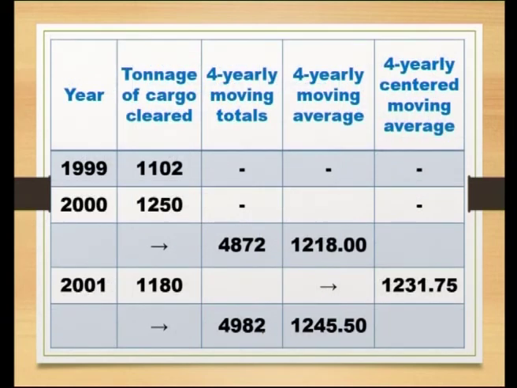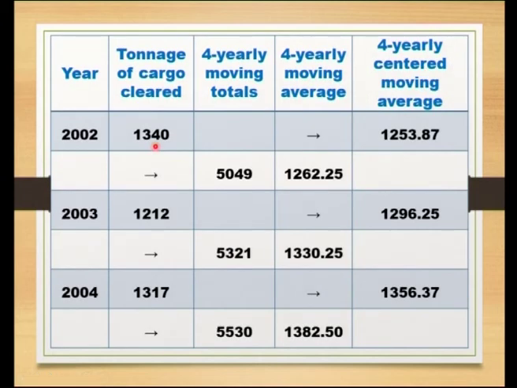First of all, take the years 1999, 2000, 2001, 2002. Y values are 1102, 1250, 1180 and then 1340. The mid value for 1999 to 2002 lies between 2000 and 2001.